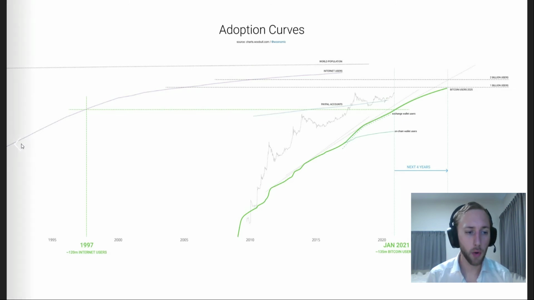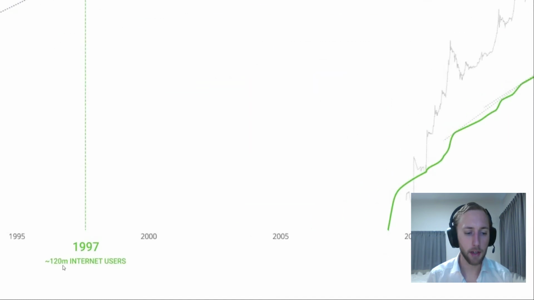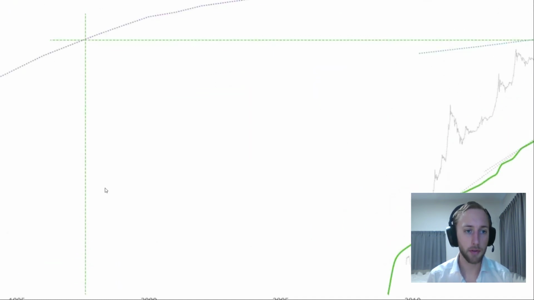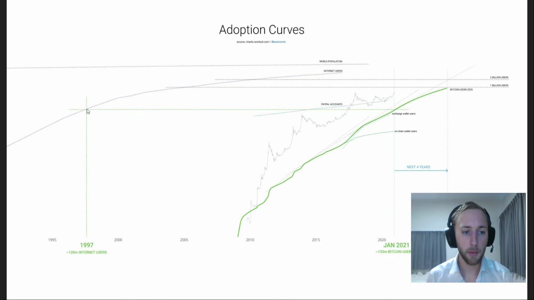Now let's follow the trajectory of the internet for a second. In 1997, the internet had 120 million users. It took the internet from 1997 all the way to 2005 to grow to 1 billion users.